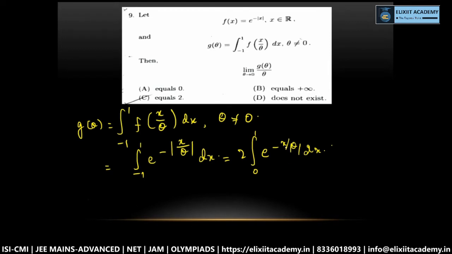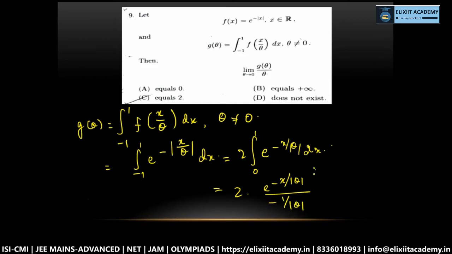Okay, so this is a very basic integration. You consider mod theta to be a constant. So this is twice of e to the power minus of x upon mod theta divided by minus of 1 upon mod theta.